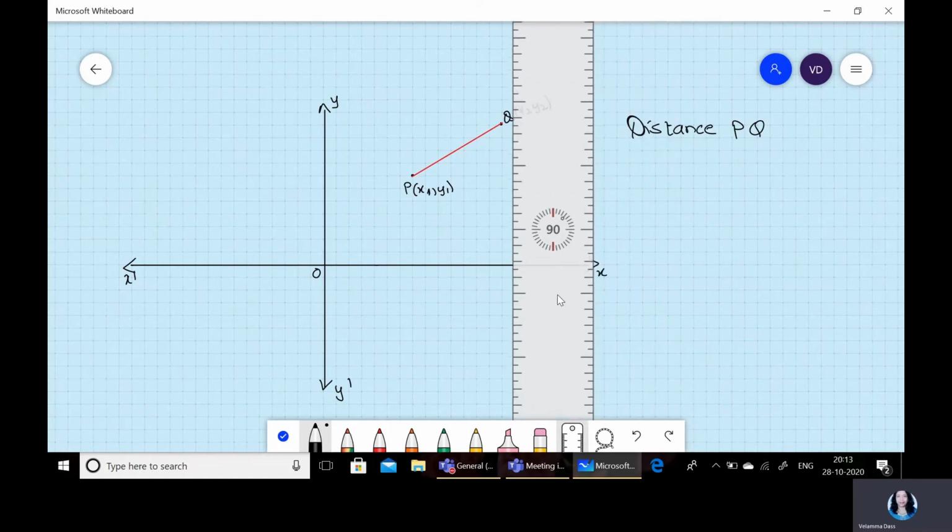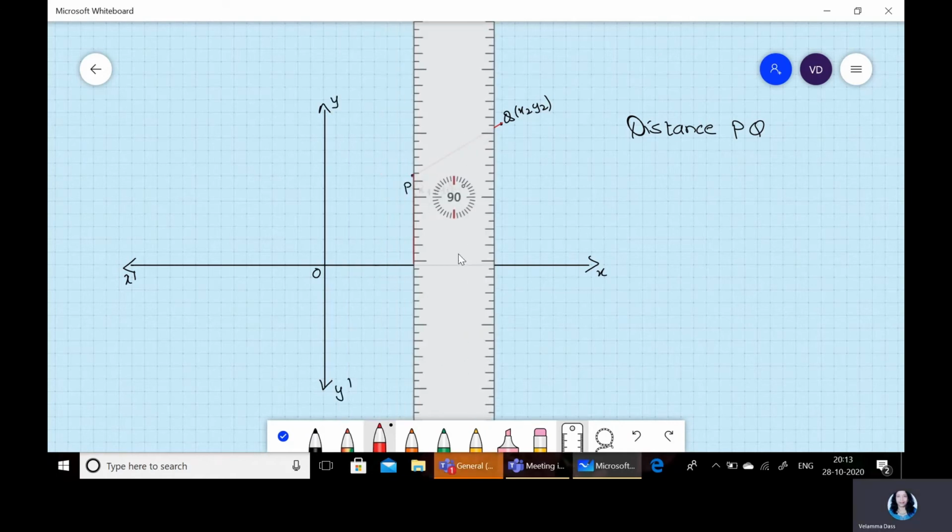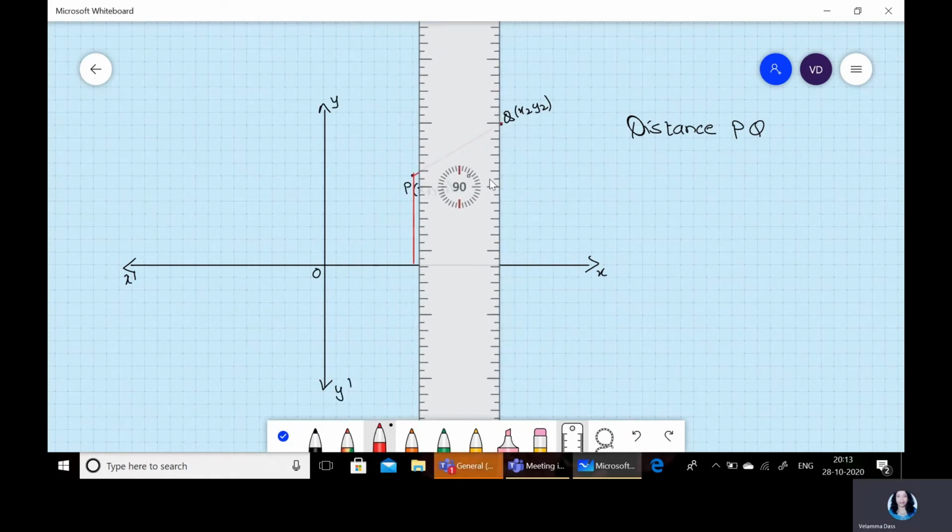Let's draw a line perpendicular to the x-axis. So we are drawing a line perpendicular to the x-axis here, and from Q we are again drawing a line perpendicular to the x-axis.